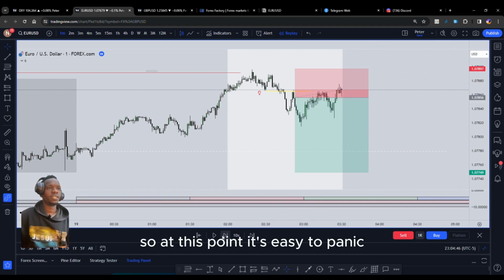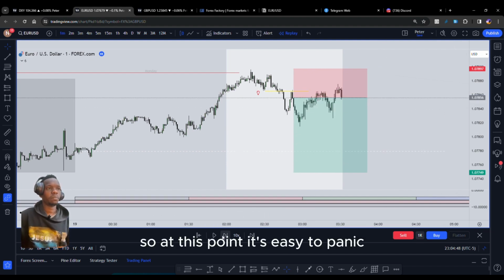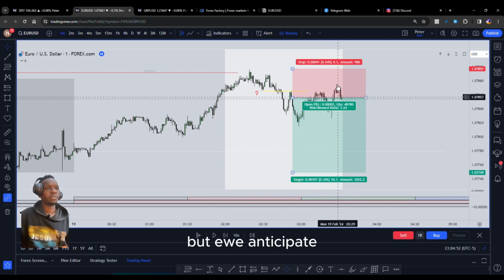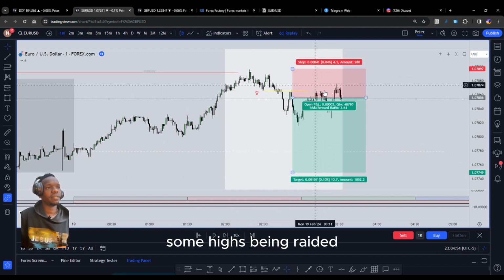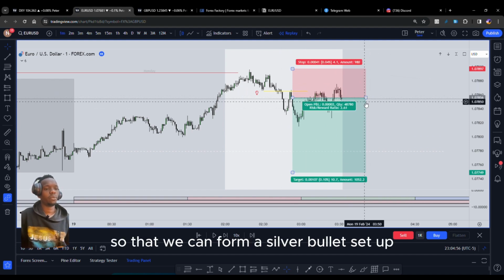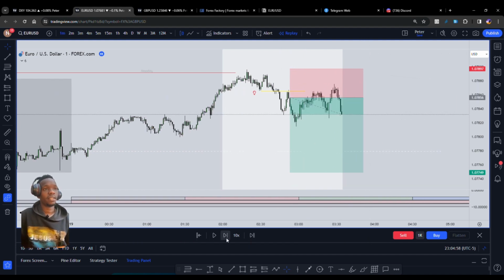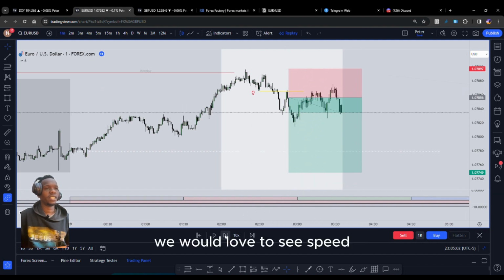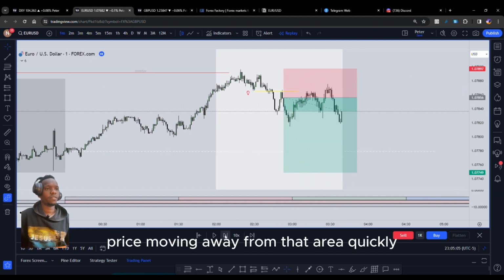So at this point, it's easy to panic, but we anticipate some highs being raided so that we can form a silver bullet setup. So after these highs have been raided here, we would love to see speed, price moving away from that area quickly.